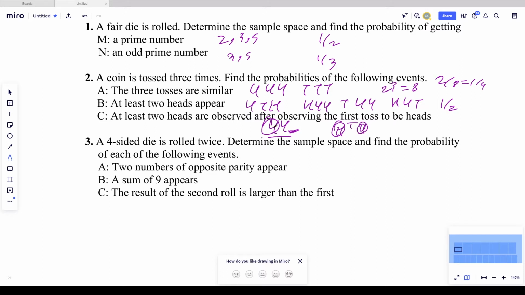So the cardinality of this can be either heads, heads, heads, or heads, heads, tails. This one must be heads, tails, heads, because if this changes to tails, you have 1 heads. So this is not satisfied. So your cardinality is 3/8: 1, which is heads, heads, heads, and 2, heads, heads, tails, and heads, tails, heads.